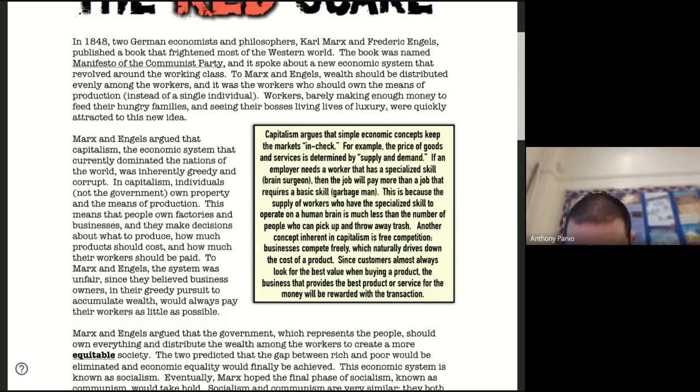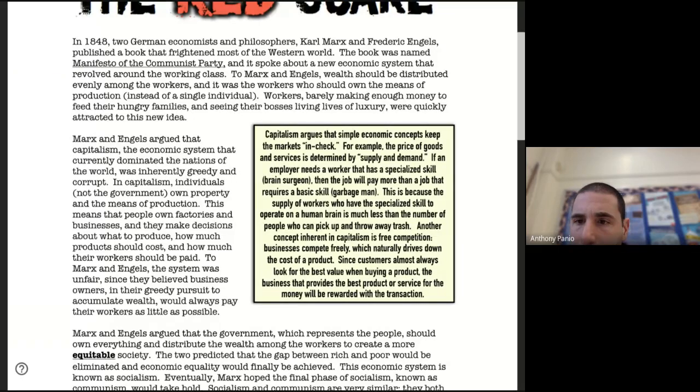Okay? Let's look at the top right here with the yellow box. All right, I think it's important to read. Capitalism argues that simple economic concepts keep the market in check, meaning it's not going to get too crazy. For example, the price of goods and services is determined by supply and demand.